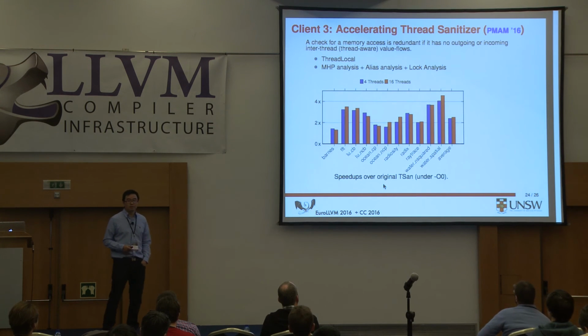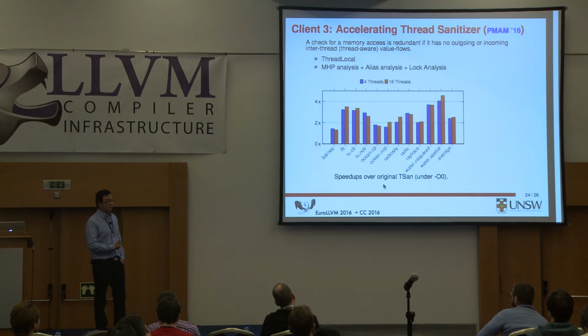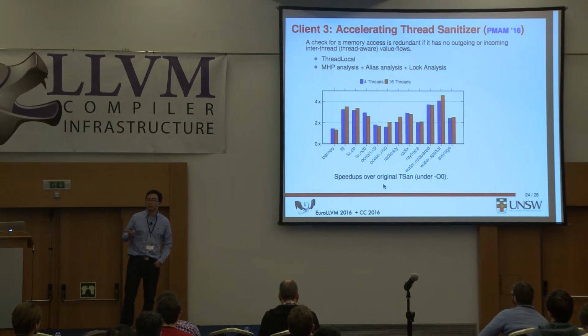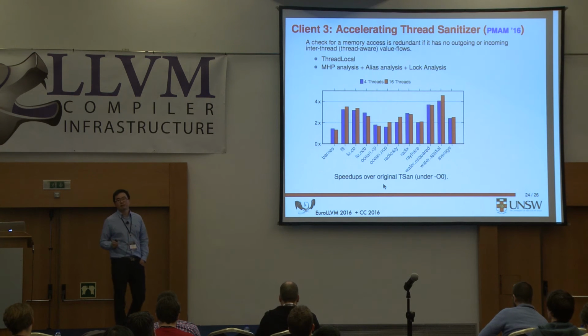So another application is to accelerate thread sanitizers. According to our previous slides, we also have inter-thread value flow. The thread sanitizer basically finds memory access conflicts during thread interleaving at runtime. It also instruments the memory accesses to check them dynamically.